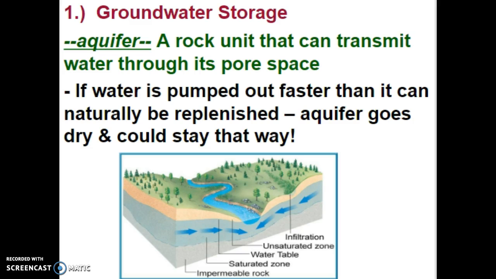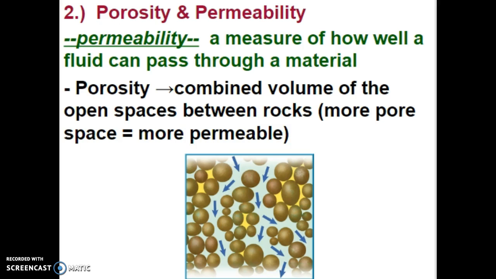For people that get their water from a well source, generally speaking, those wells are below the water table and they're fed by an aquifer. If there's more water pumped out in a season than can be replenished by spring rains, that aquifer could go dry. We talked about porosity when we talked about sediments in our last chapter with earth materials.